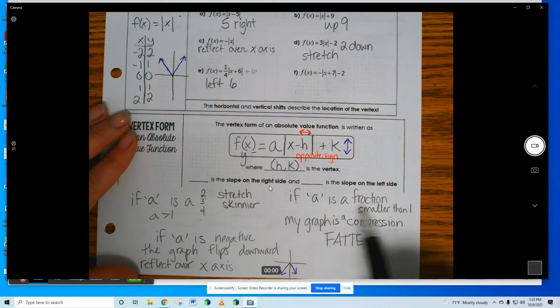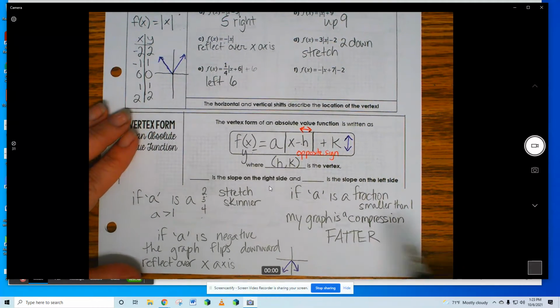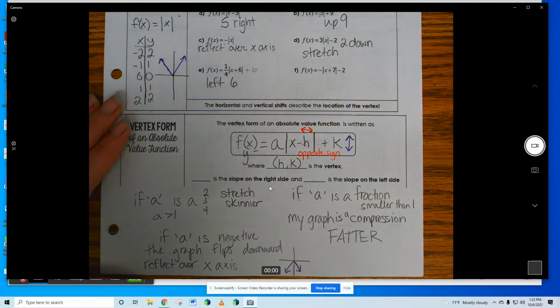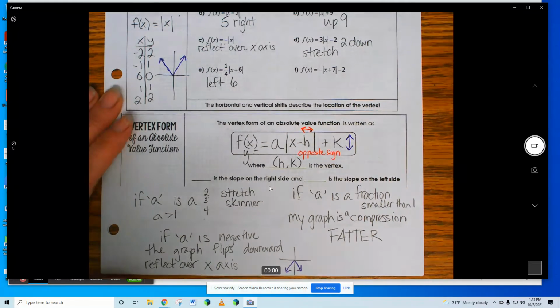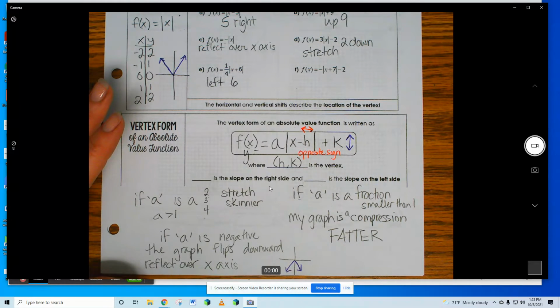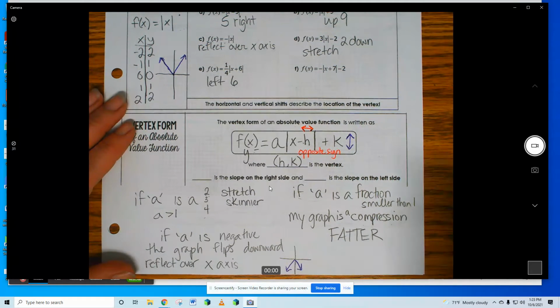If A is a fraction. What does that mean? The 1/4. I'm asking table 5. What does a fraction do? If it's less than 1 fraction. Yes, it's called a compression. It gets fatter.